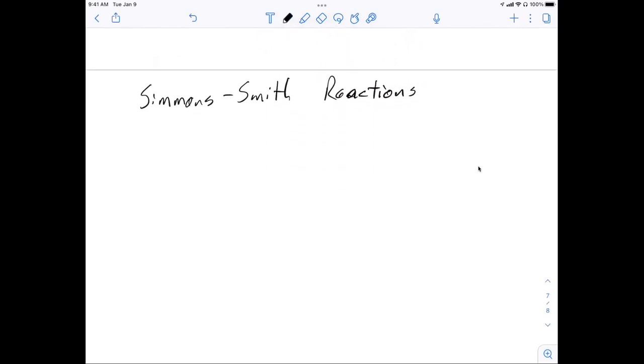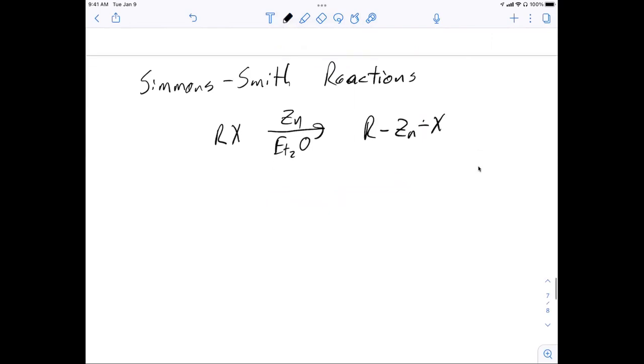The Simmons-Smith reaction is actually going to use a organo-tin. And like with the magnesium, it does an insertion to give us this organo-zinc, I'm sorry, not tin, organo-zinc compound.